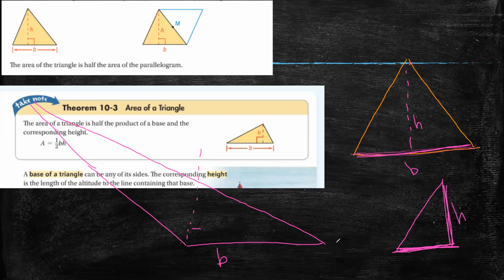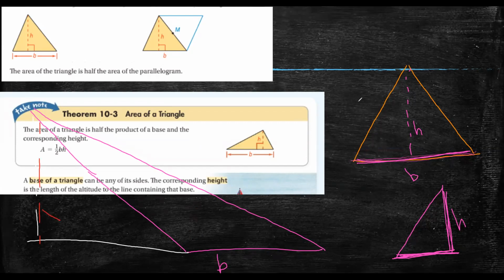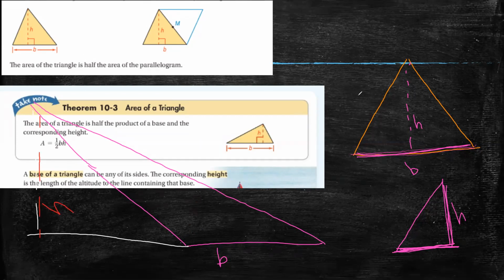No, sorry, I think for this one, I must draw a line like this. I'm sorry, here is the height. This is the base, and here is the height of the triangle. By that, I will say now that the area is half b h.